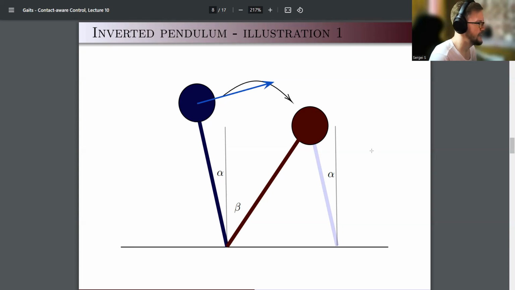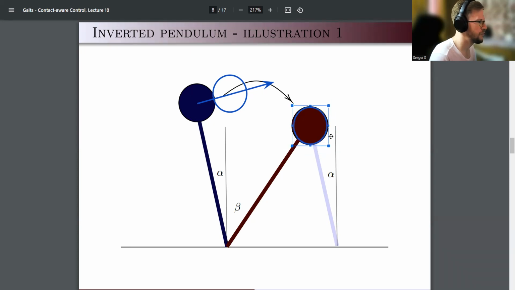As the pendulum approaches this position, the kinetic energy decreases and the potential energy increases, right? This is the maximum potential energy in this position. And then potential energy will decrease all the way until here, okay?